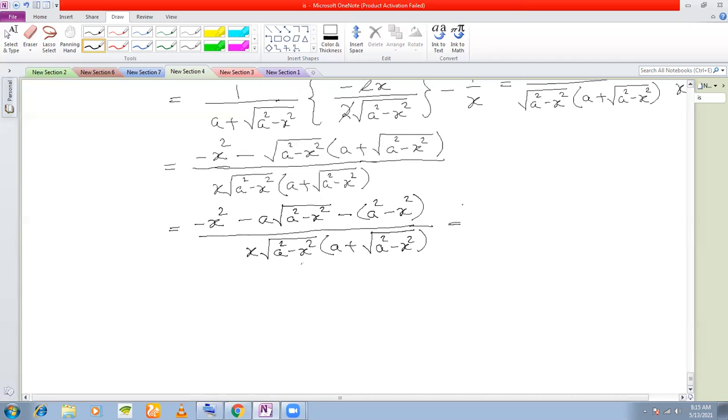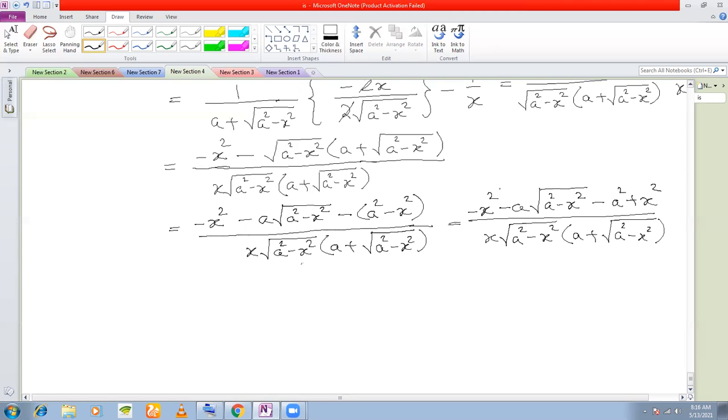Fine. So now you open the brackets in the numerator. Minus a root a square minus x square minus a square plus x square divided by x root a square minus x square into a plus root over a square minus x square.